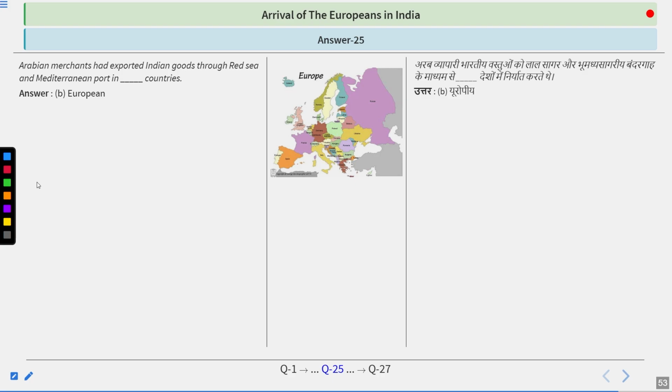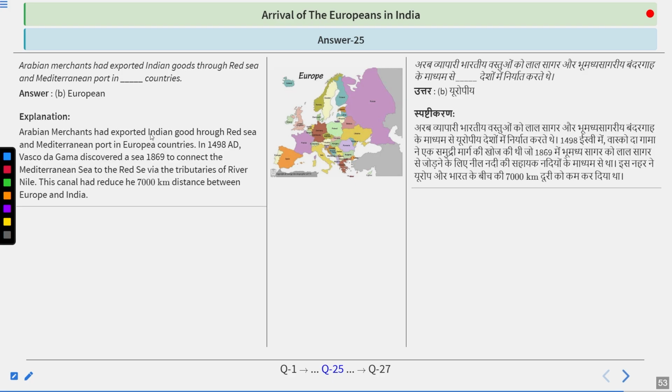The answer is European. Arabian merchants had exported Indian goods through Red Sea and Mediterranean ports in European countries. In 1498, Vasco da Gama discovered a sea route. The Suez Canal, in 1869, connected the Mediterranean Sea to the Red Sea. This canal has reduced the 7,000 kilometer distance between Europe and India. So do remember the answer is Europeans.